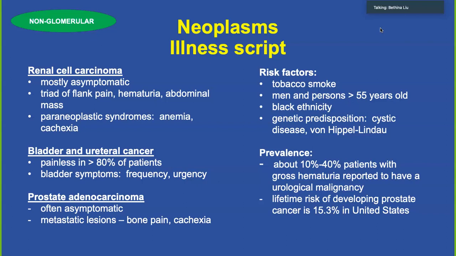Neoplastic processes that may cause hematuria include renal cell carcinoma, bladder and ureteral cancer, as well as prostate adenocarcinoma. So for renal cell carcinoma, oftentimes it is asymptomatic, but may present with a triad of flank pain, hematuria, and abdominal mass. It may also be associated with anemia and cachexia.